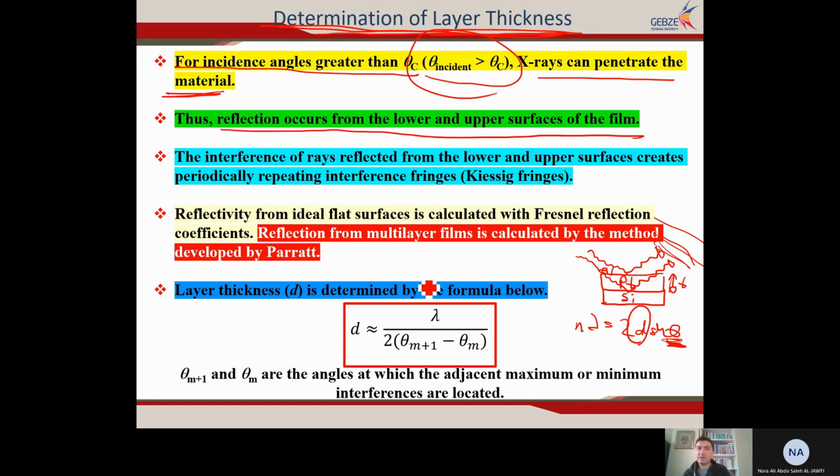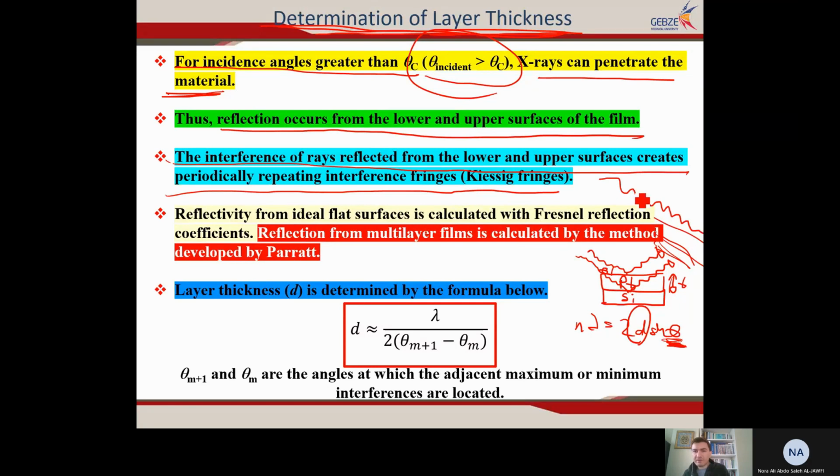Okay, the interference of X-rays reflected from the lower and upper surfaces produces periodically repeating interference fringes. This is called Kiessig fringes. We are talking about this type of behavior.